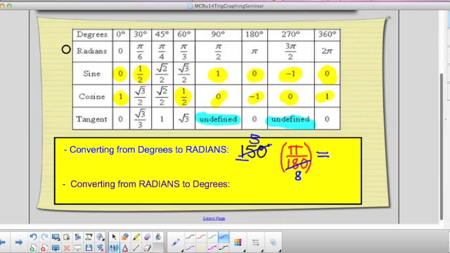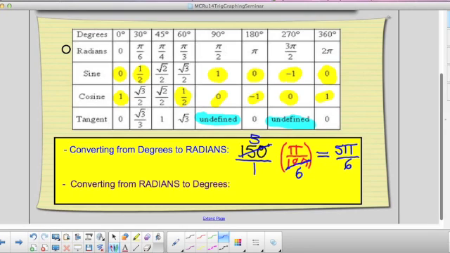Because I'm putting 150 degrees over 1, basically you have 5 pi over 6, since 30 goes into 180 six times. So that's the main way to convert from degrees to radians.